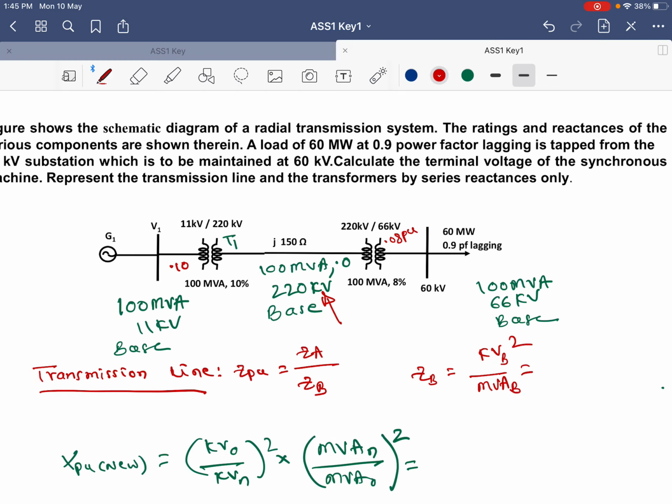The new base value kVB is 220, squared, divided by MVA, which is 100 here. Therefore, ZB is 484 ohm.